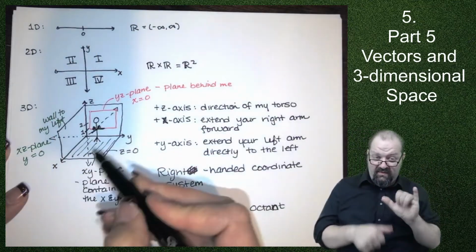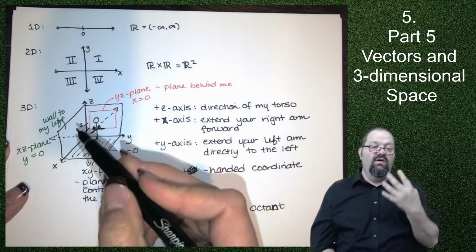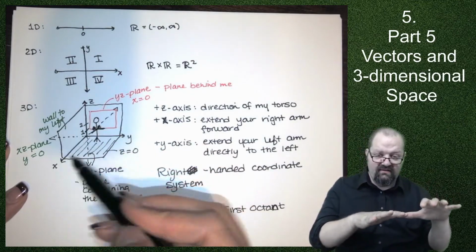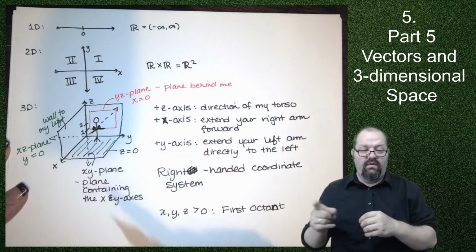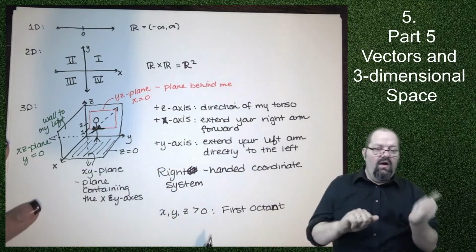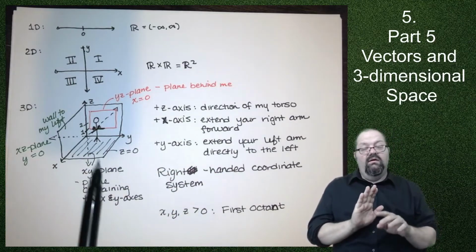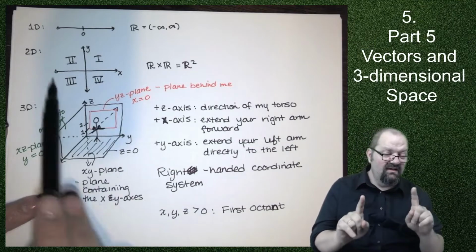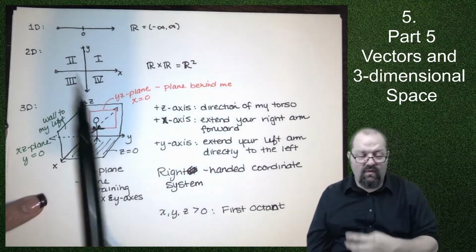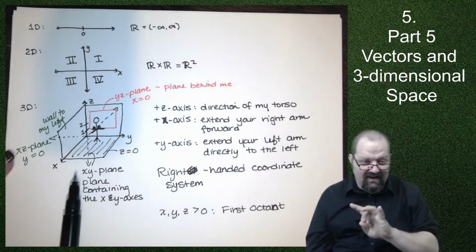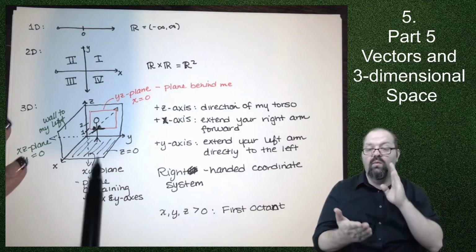Now I've got 4 octants up here where z is positive, and then I've got 4 more octants downstairs where z is negative. Different textbooks are different. Some of them I've seen label these 1, 2, 3, 4, and then start 5, 6, 7, 8, where z is negative below you. Some of them say the only one that's really labeled is the first octant.